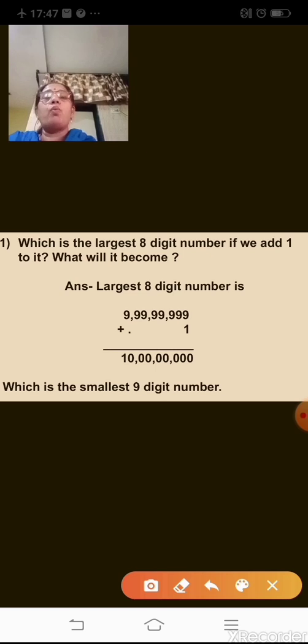Now what is the question? What if we add 1 to it? That is, to this 8-digit number, if we add the number 1, what will you get? You will get the smallest 9-digit number, that is 10 crore.